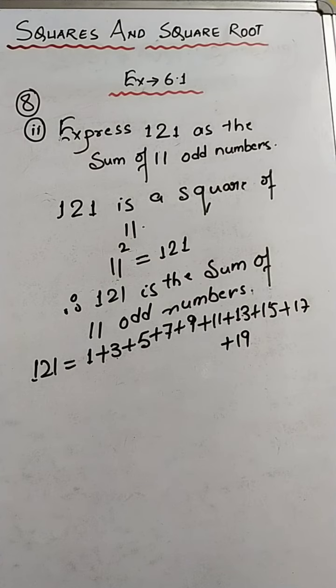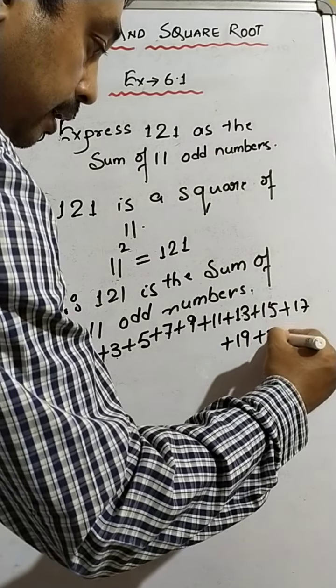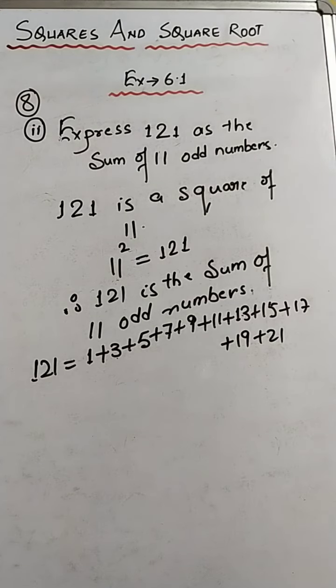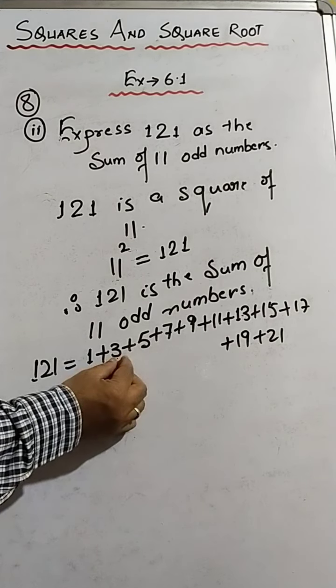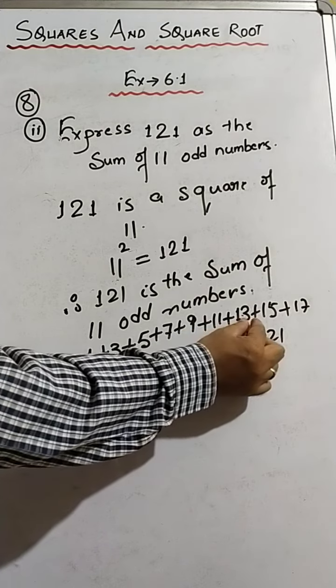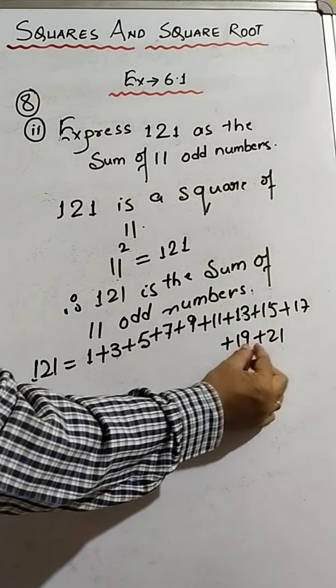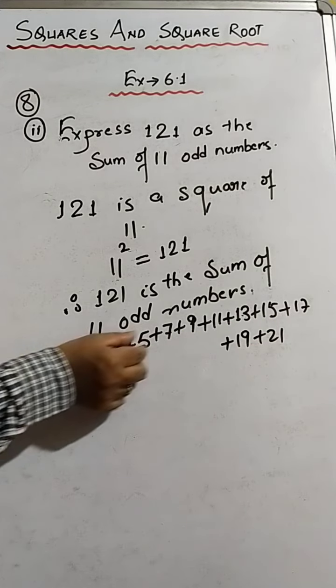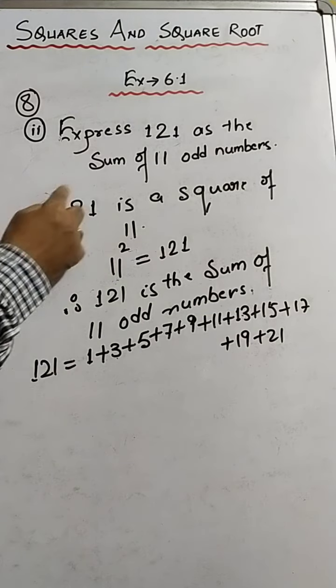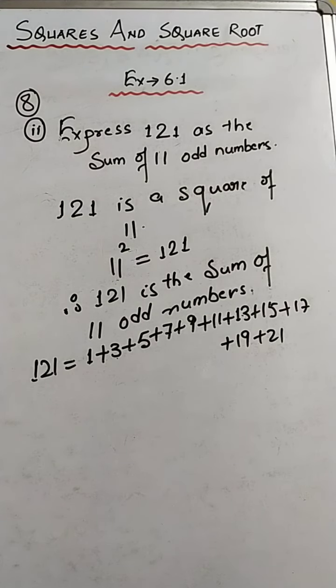Now how many numbers? After that 21. Fine. So these are the set of 11 odd numbers: 1, 2, 3, 4, 5, 6, 7, 8, 9, 10 and 11. So if you add up all those odd numbers, you will get 121. Okay students, so this is the solution of sum number 8.